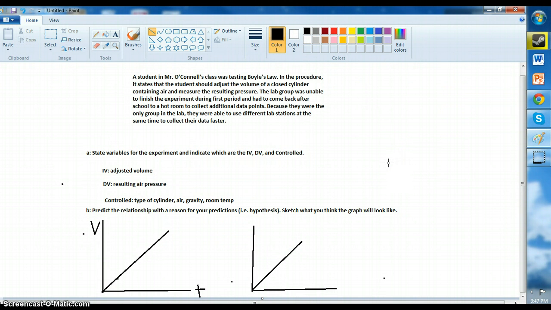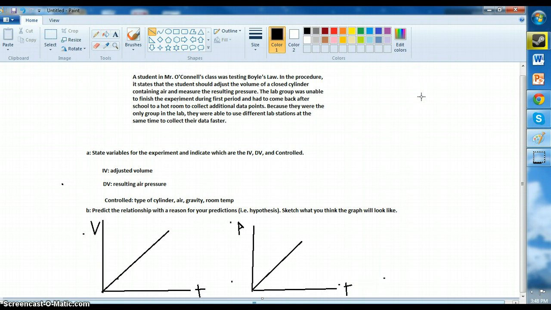I don't think this is the right unit for pressure, but anyway, it shows that I clearly understand how an experiment is designed.